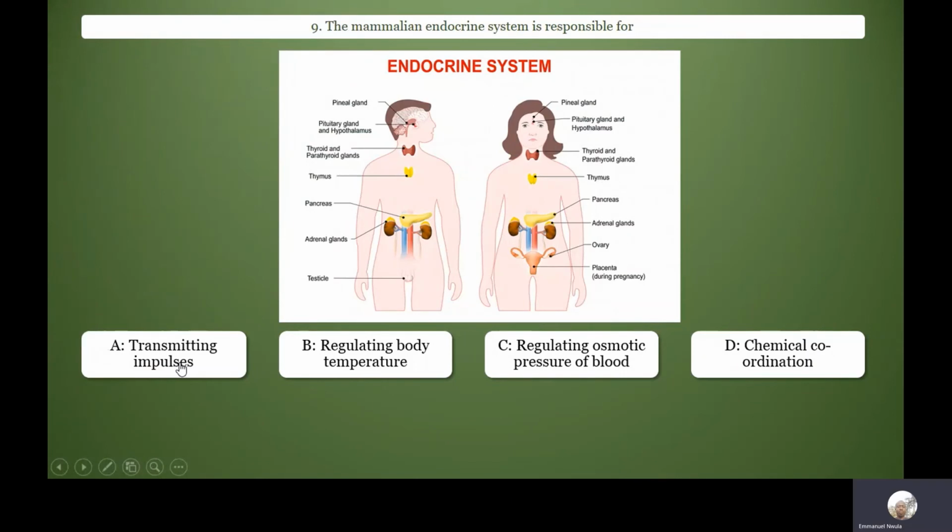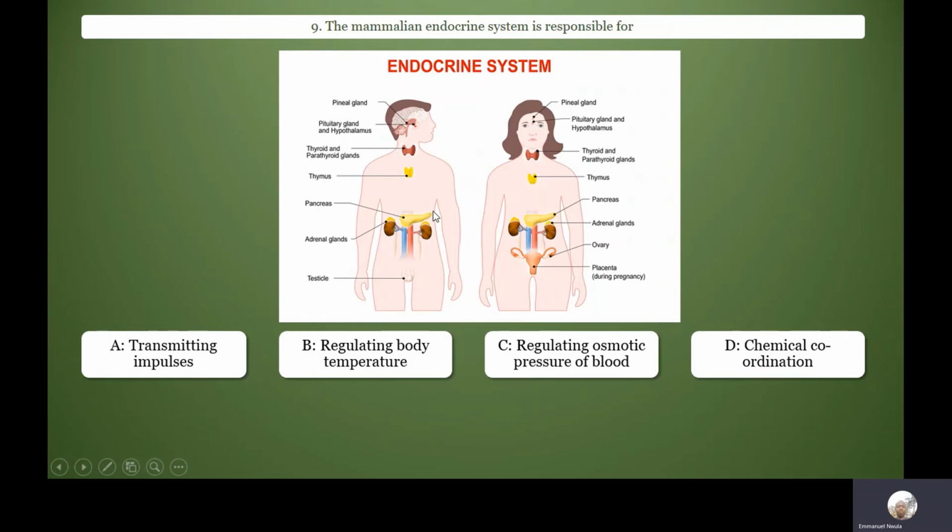The mammalian endocrine system is responsible for, the correct option here is the chemical coordination. Of course, there are two coordinating systems in the body, the endocrine system and the nervous system.